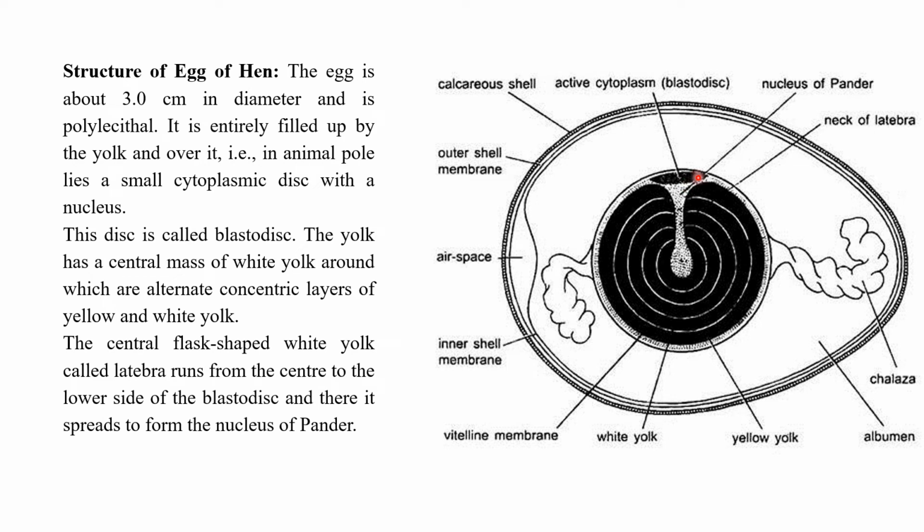So this is the blastodisc, this is the lower side of the blastodisc. So from the center, the latebra moves towards the lower side of the blastodisc, and there it spreads to form some structure called nucleus of Pander. And just below that there will be a small connection which is called the neck of latebra.